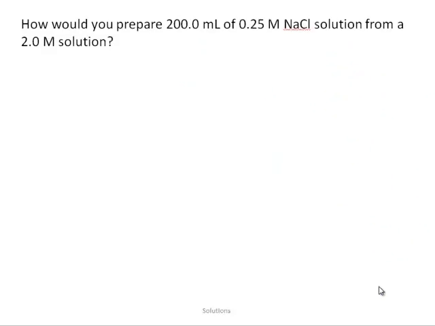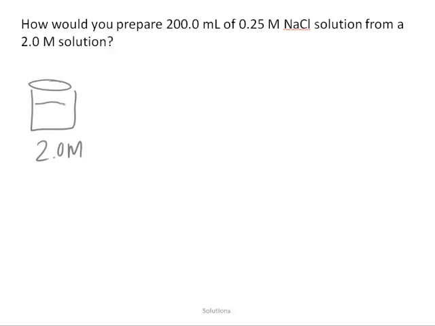Okay, so here's an example of that. Say we want to prepare a 200 milliliter solution of 0.25 molar sodium chloride from a 2 molar stock solution. Okay, so what are we going to do? We're going to have our stock solution, 2.0 molar.